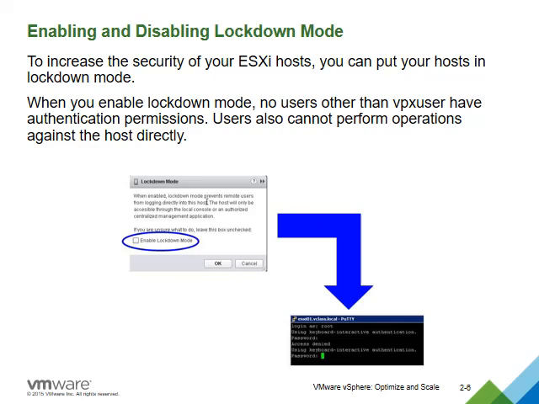Your external software or management tools might not be able to retrieve or modify any information from the ESXi host either. With that being said, the root user, as you see here in this command line interface, is still authorized to log in to the direct console, or the DCUI, when lockdown mode is enabled.